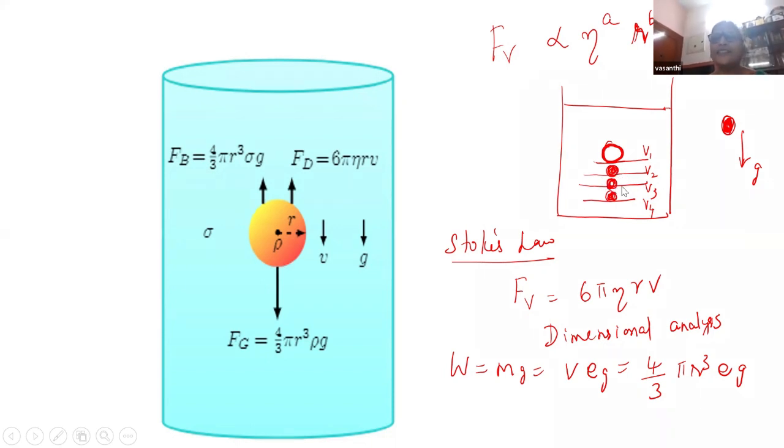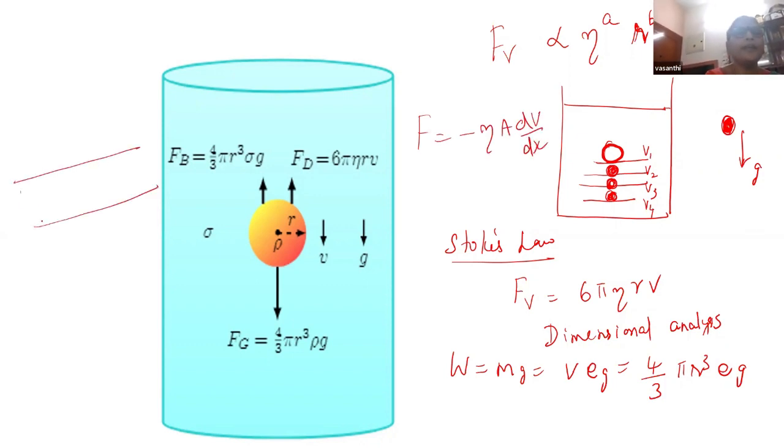Its acceleration gets reduced. It experiences a retarding force. That is only the viscous force that we derive from Stokes' law. Whatever we did know, F is equal to minus eta A dV by dx, is the viscous force which comes into play when the liquid is flowing through a pipe or over a horizontal surface.